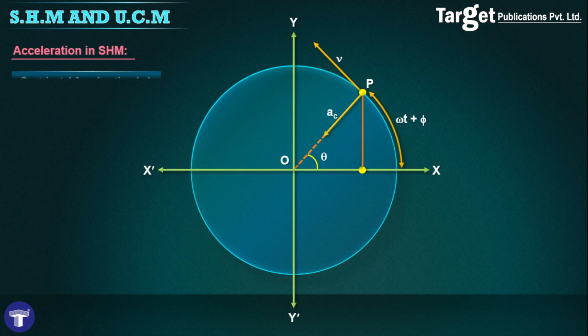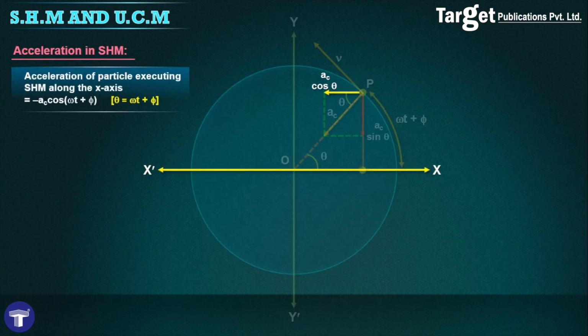For the particle performing uniform circular motion, the centripetal acceleration points towards the center of the circle. On resolving this acceleration along the x and the y directions, we see that the acceleration of the particle along the x direction is given by minus a_c cos(ωt + φ).